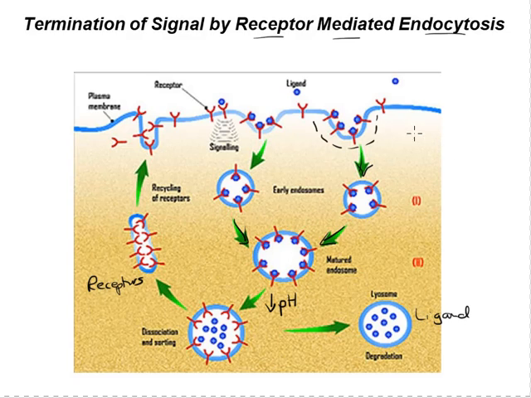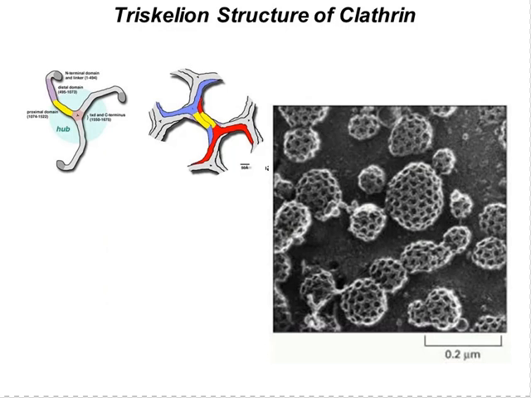One class of these proteins that cause the membrane to invaginate and form vesicles are the clathrins, which have this three-armed structure called a triskelion. In the presence of appropriate adapter molecules, these can self-associate with one another, and when they do, they eventually form these sphere-shaped structures shown here.